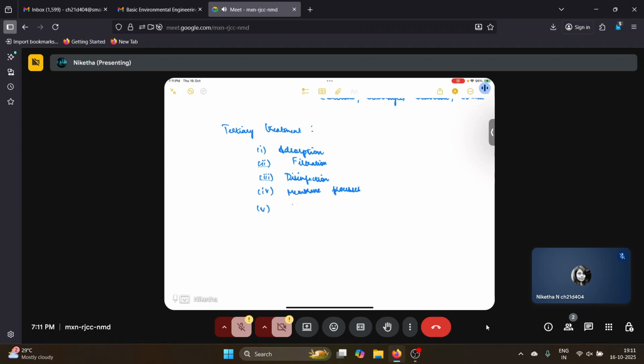And then we can also have advanced oxidation processes, or AOPs in short. So here the difference is that AOPs use oxidative radicals like hydroxyl or superoxide radicals, which will degrade the pollutants.